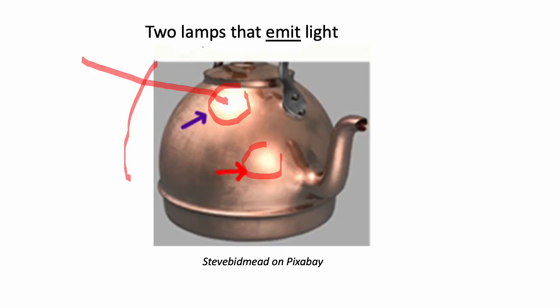We don't see the objects in the room which reflect light and which involve two bounces. Light from the light source hitting something in the room, which reflects light and goes to the kettle, and then that light goes to our eyes. So reflected light involves two bounces, and they are not considered highlights.